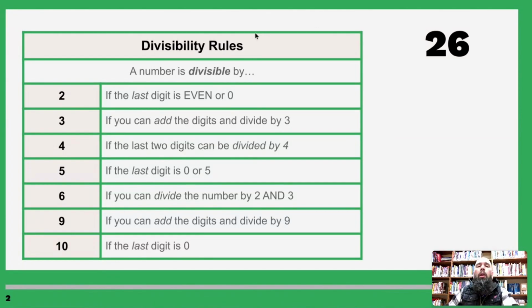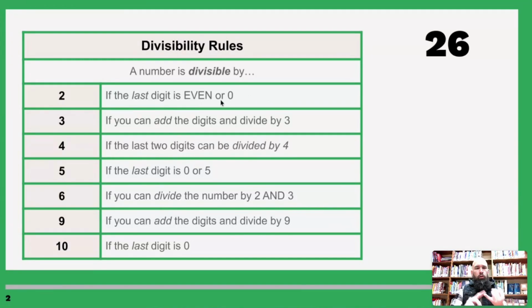What divisible means, again, is can I divide that number by that number based off of these rules? Can I divide 26 by 2? This is how you determine if you could divide 26 by 2. If the last digit is even or 0, right?